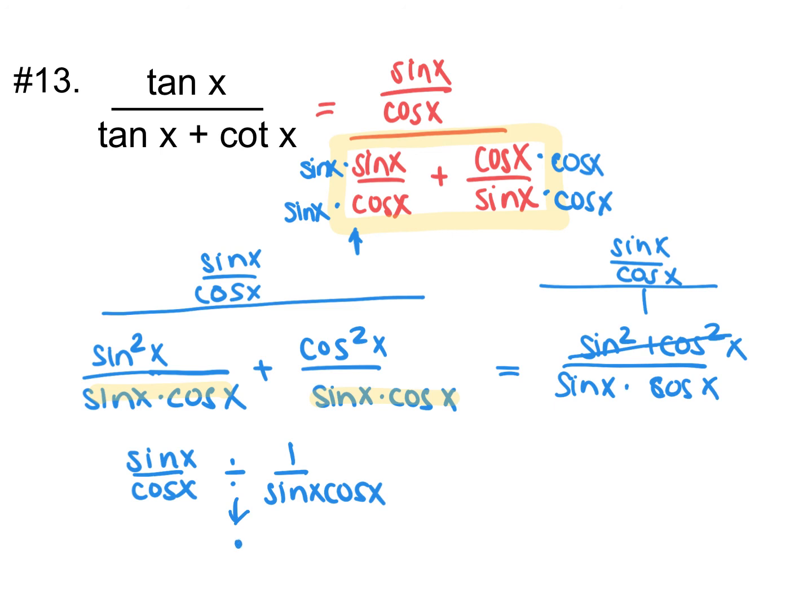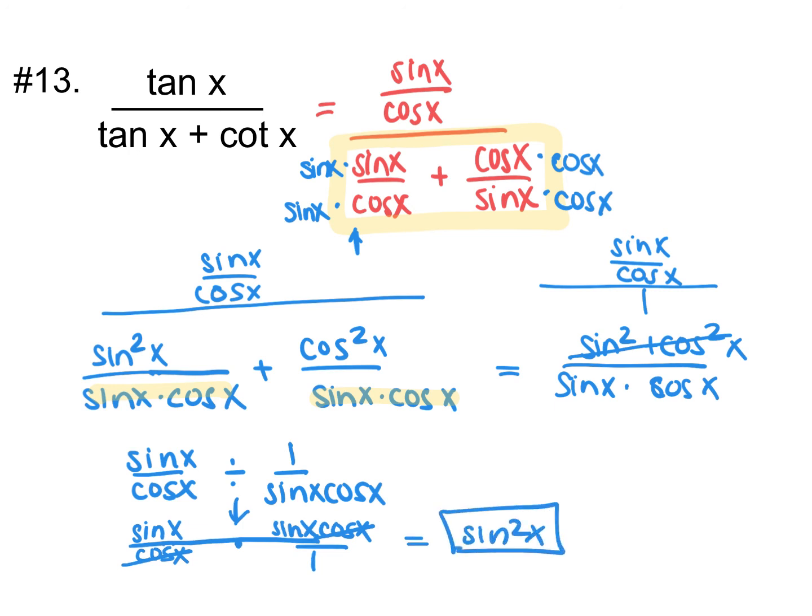I have to change it to multiplying by the reciprocal. So I won't change anything on the left-hand side, but on the right-hand side, I'm going to make that sine of x cosine of x over 1. And now I can multiply everything across like this. And you will now notice I have a cosine in the denominator and the numerator that simplify away to a 1. And now I have sine of x times sine of x, or sine squared of x. And that right there is my answer.